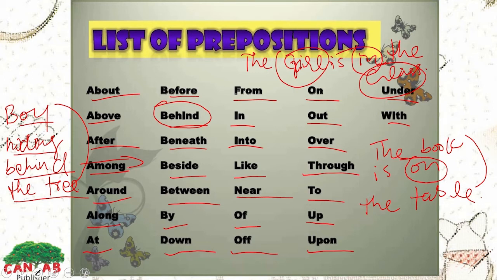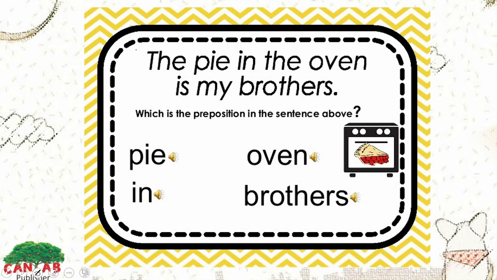And it also shows the direction of the noun, where the nouns are. I am at school. Here the at is what? Yes, a preposition here.